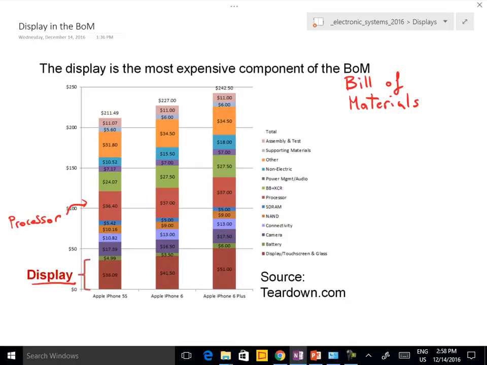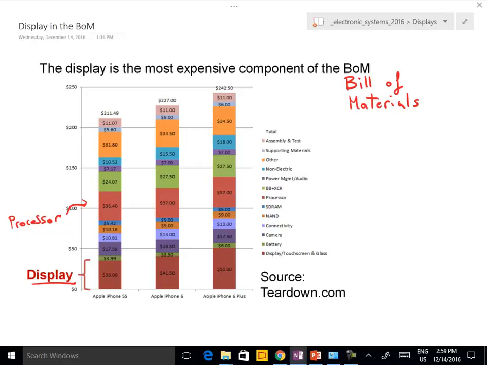For the larger the phone, of course, the more expensive the display is, and so it is a critical component, and it is also the one that consumes the most energy. So it's most responsible for the battery life.